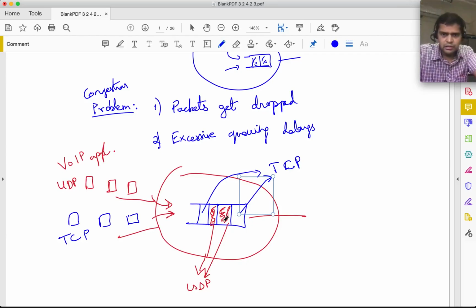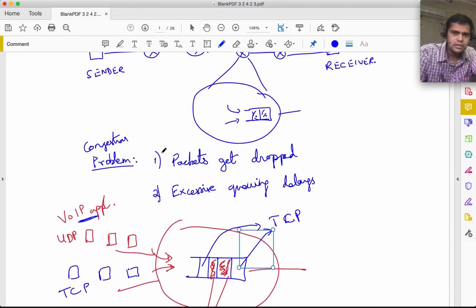But overall, large queuing delays are a problem for certain applications. So we would like to keep the queuing delays low if possible. These are two issues that we face, and of course if the application needs reliable data transfer, you would have to retransmit these dropped packets.